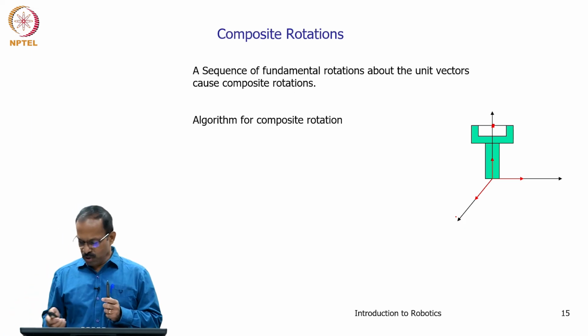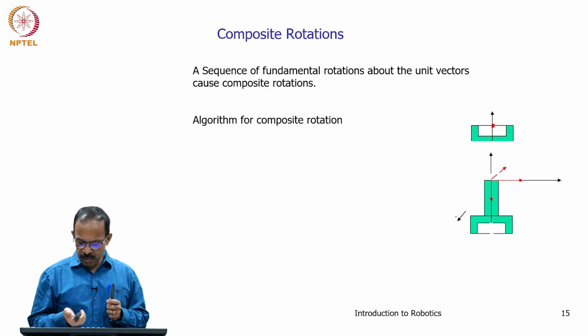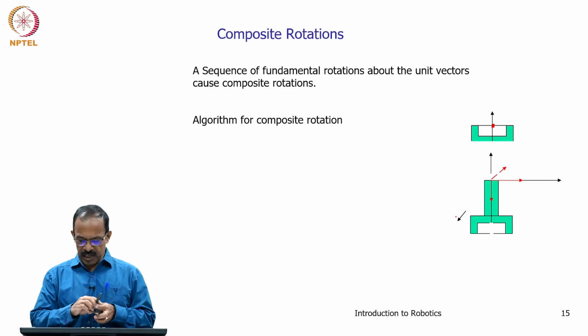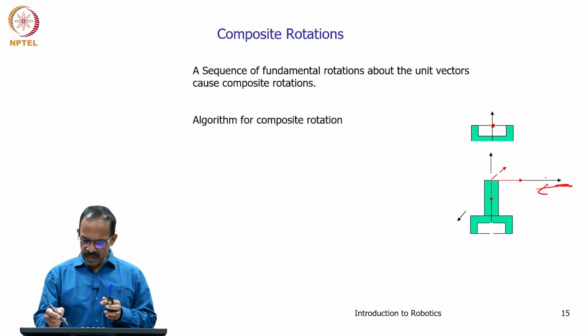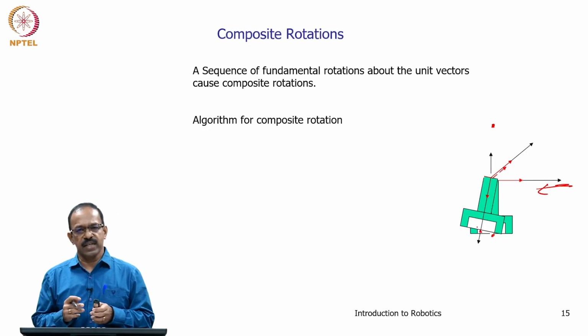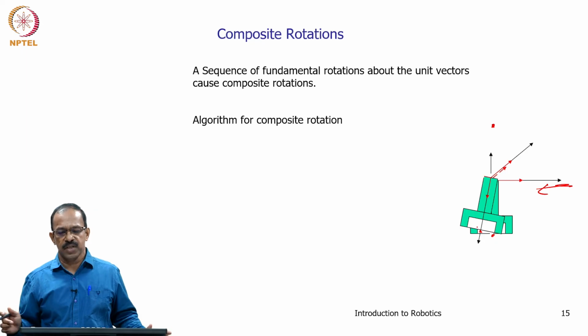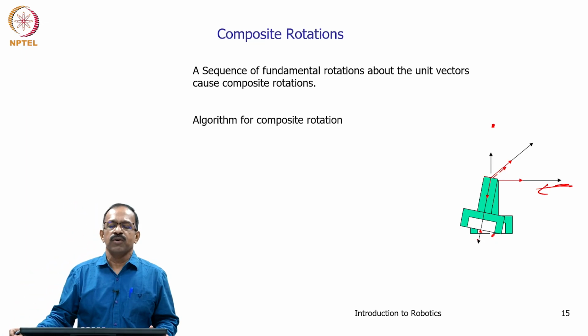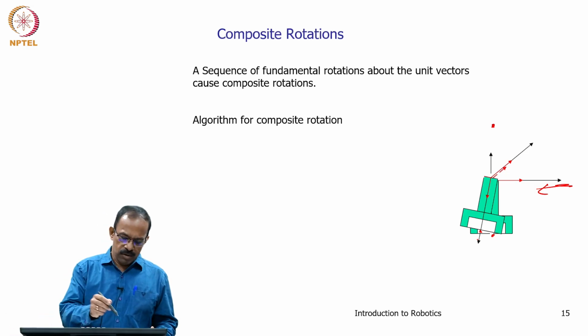If you rotate it with respect to this axis, then this will be moving to this side, so you can get P somewhere here, and you can rotate again with respect to the vertical axis and get this position as P. With multiple rotations, you want to know what the point P is with respect to the fixed frame, and this can be done by using a simple algorithm.